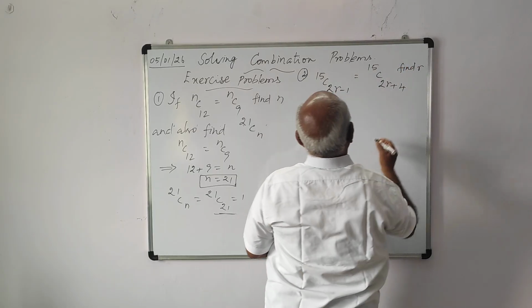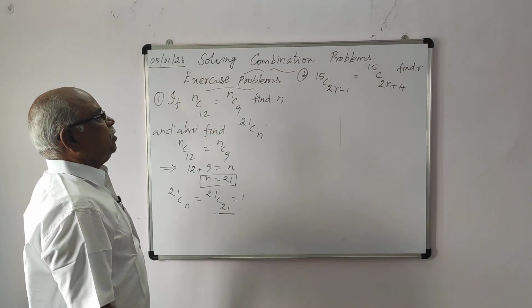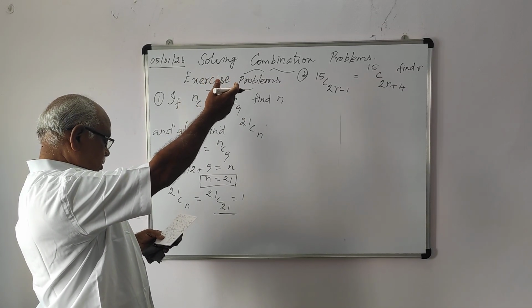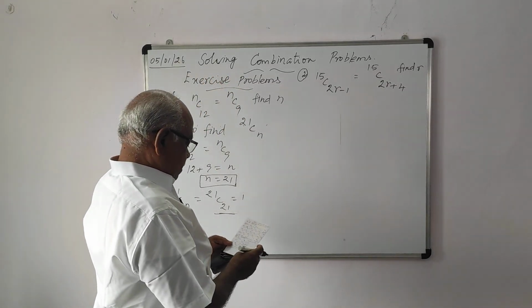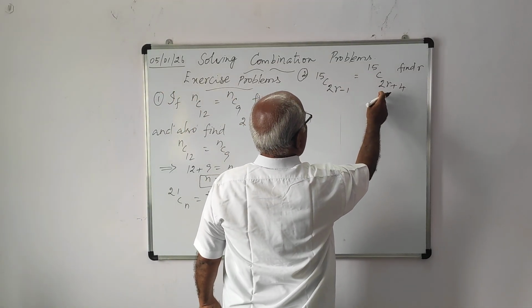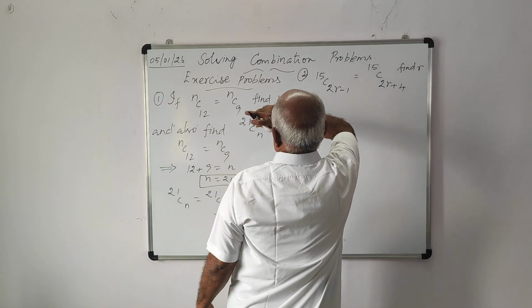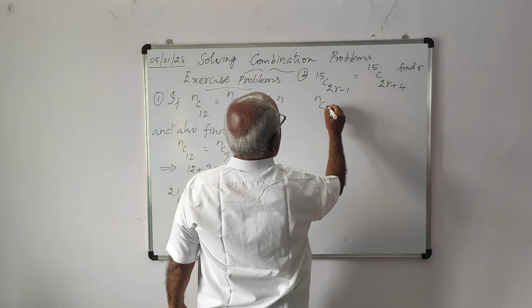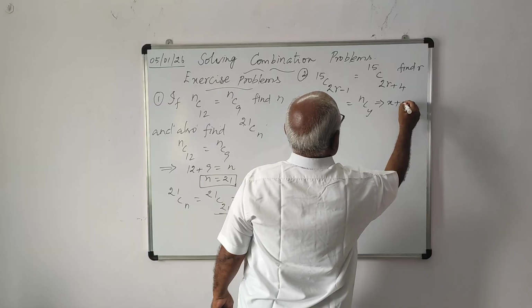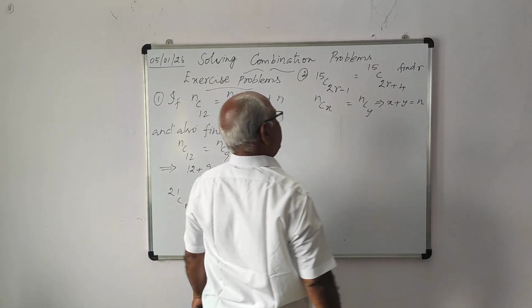That is the problem. 15C(2r minus 1) equal to 15C(2r plus 4). Okay, then find r. nCx equal to nCy, then x plus y equal to n, that is the property. You know nCx equal to nCy implies x plus y equal to n, that is our property 3.